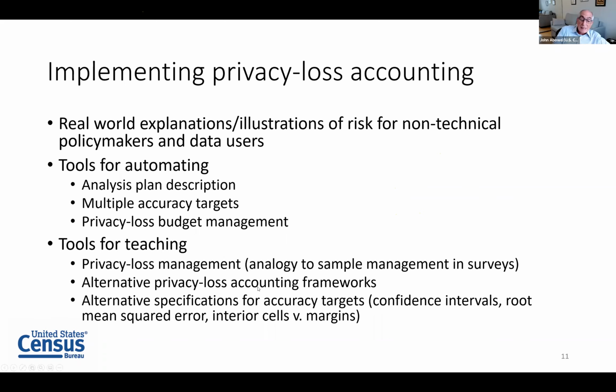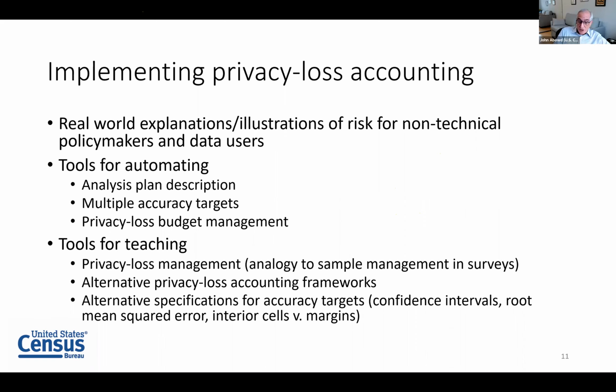The tools should allow you to compare alternative privacy loss accounting frameworks. Different frameworks: zero concentrated differential privacy, other forms of concentrated differential privacy, pure or zero epsilon differential privacy, epsilon delta differential privacy.